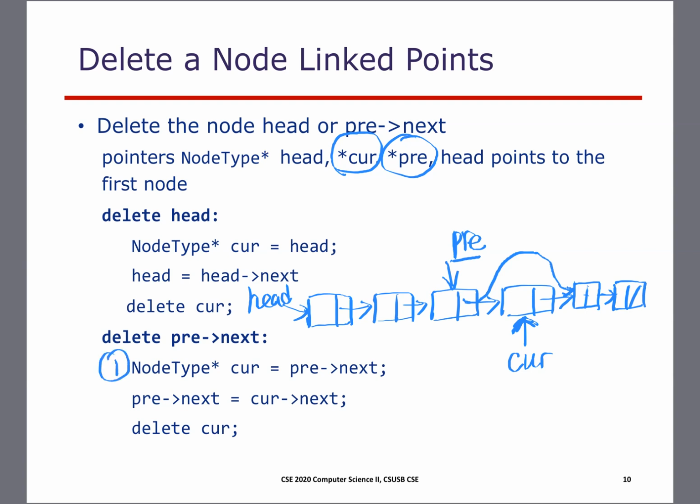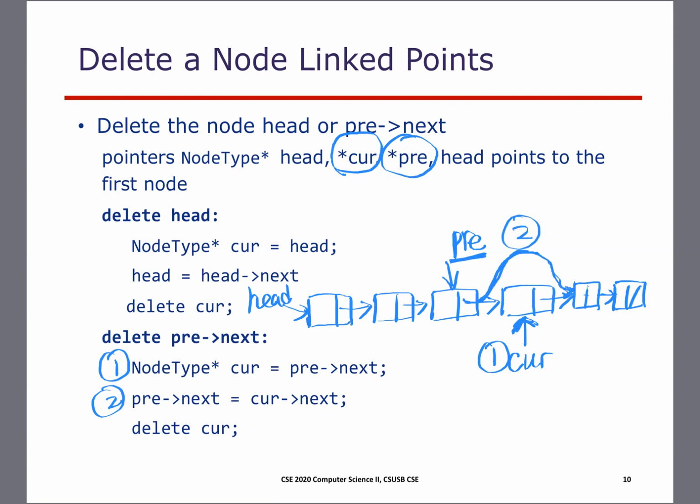So here we have the three steps. Step one, current is equal to previous next. Step two, we bypass the current node: previous next equal to current next.